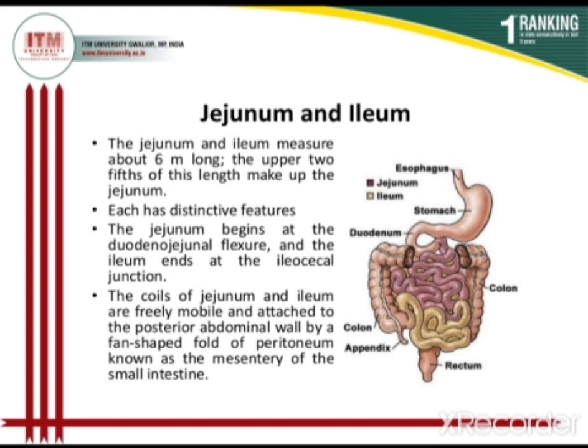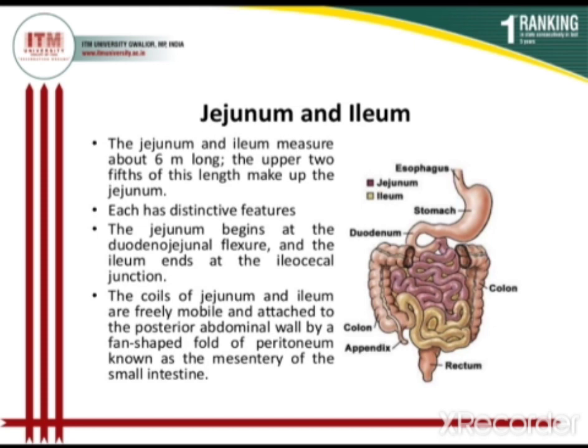It has distinctive features. The jejunum begins at the duodenojejunal junction, the jejunal flexure, where the duodenum ends and the jejunum starts, and the ileum ends at the ileocecal junction.